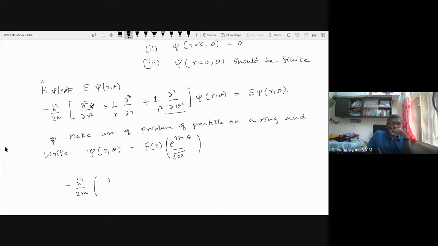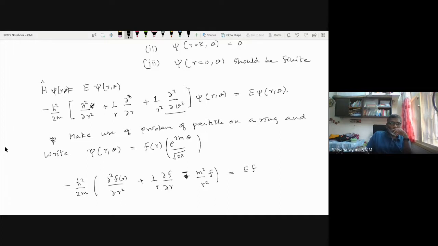So I have del square f of r by del r square plus 1 by r into del f by del r, plus I will have minus m square by r square into f is equal to E into f.